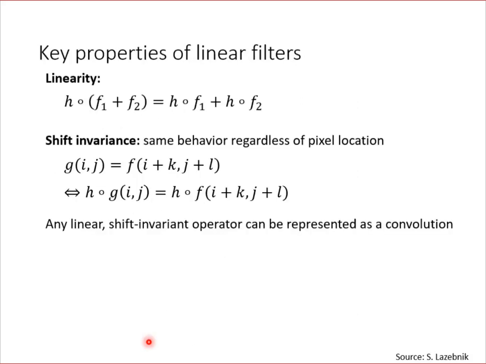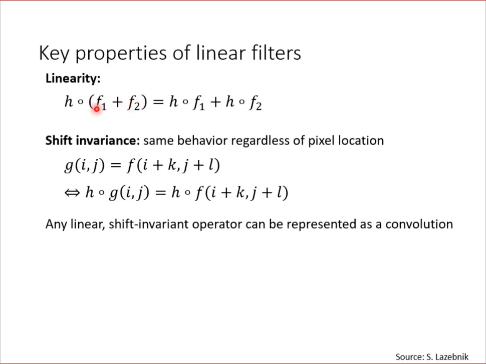Okay, so there are some properties for linear filters. First is linearity. This is why we call it a linear filter, because if you have two kernels or two filters, you can combine them.